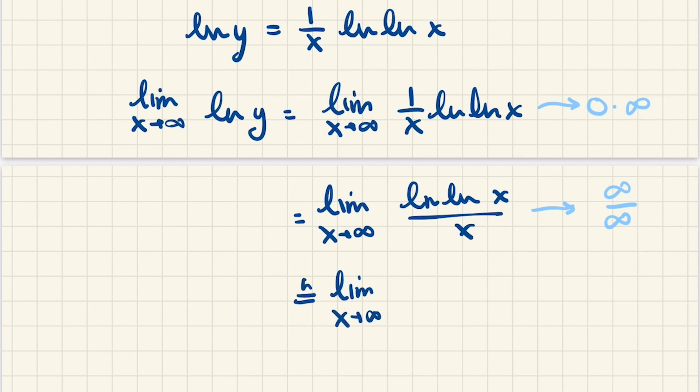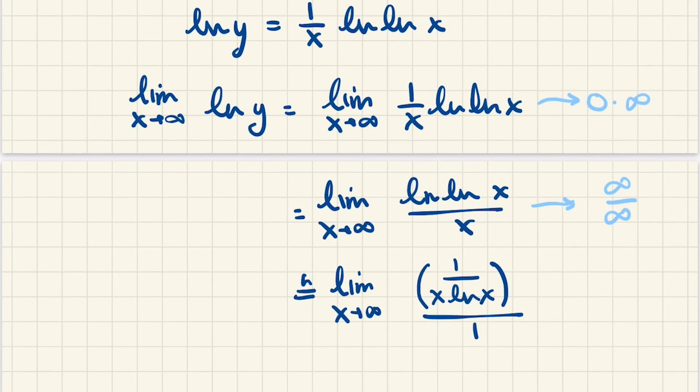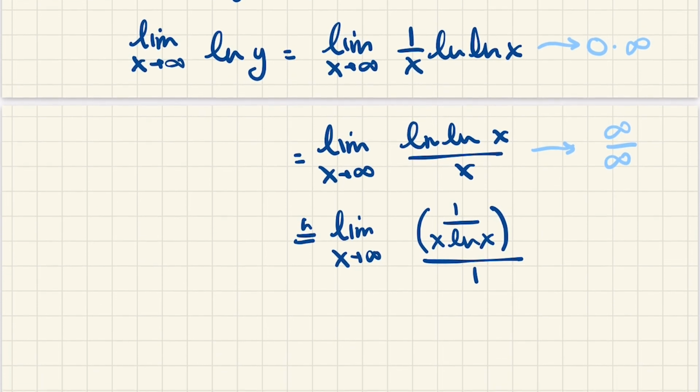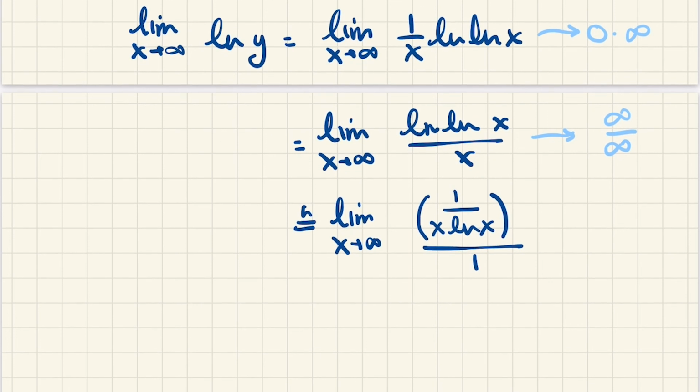Okay, so the derivative of ln of x is 1 over x, and the derivative of x is 1. So now, if we let x approach infinity, we can quite clearly see that this limit evaluates to 0. Well, all along, what was the left-hand side?